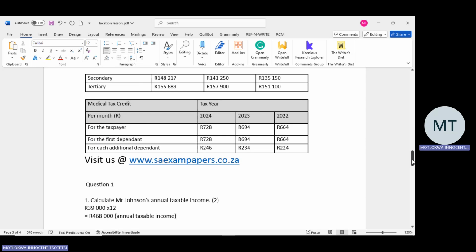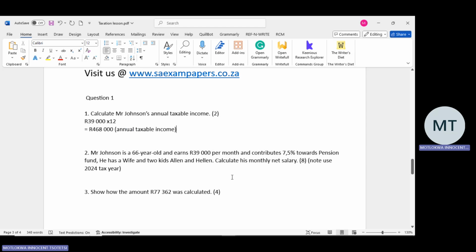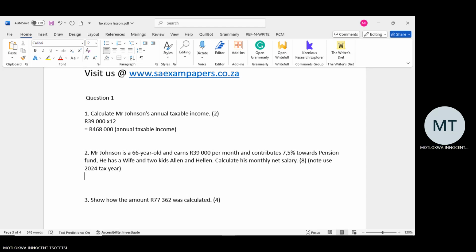As you can see, guys, we have 2024, we have 2023, we have 2022. So we are given an instruction that we should use 2024. Okay. So we are going to use those steps to calculate the monthly net salary of Mr. Johnson. Okay. So under step number one, it's whereby it's specified that we should convert monthly salary to annual.